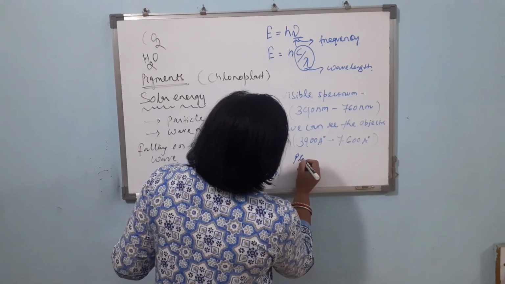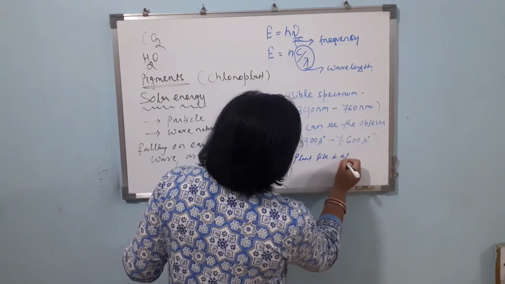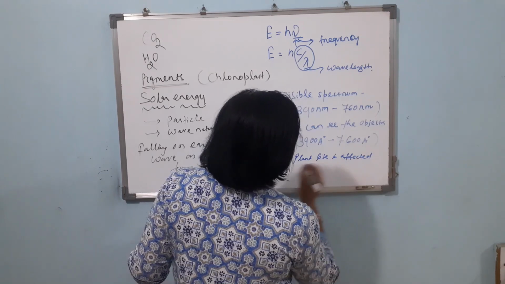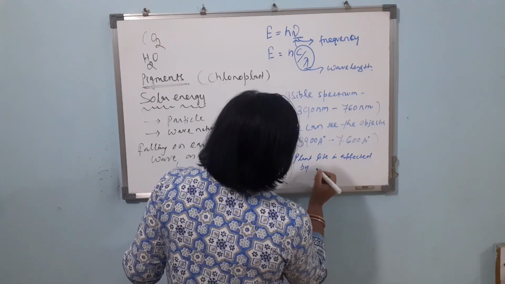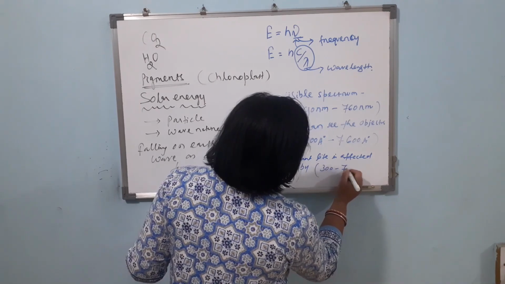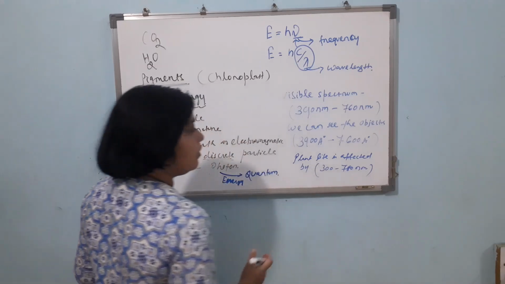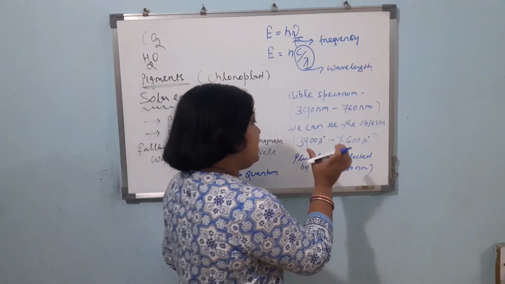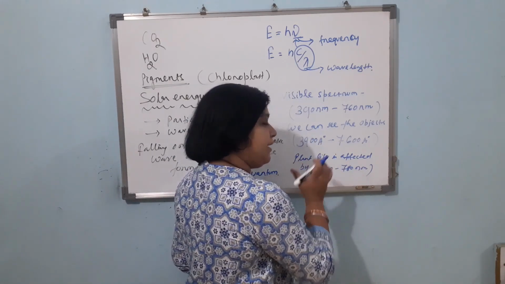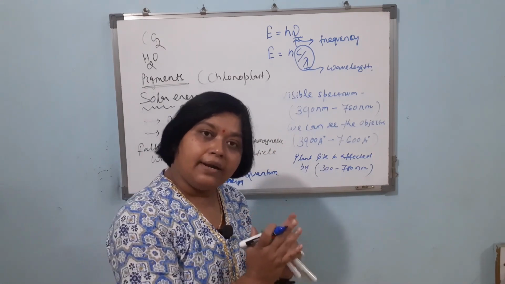And plant life is affected by wavelengths of 300 to 780 nanometer. This much wavelength of light can affect plant life.